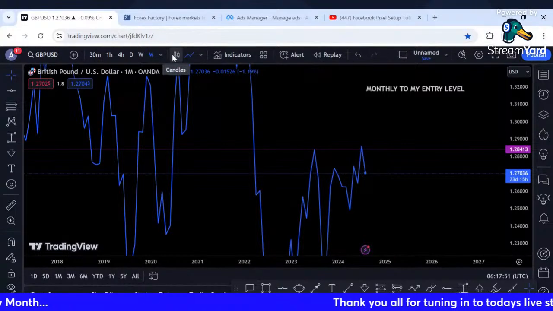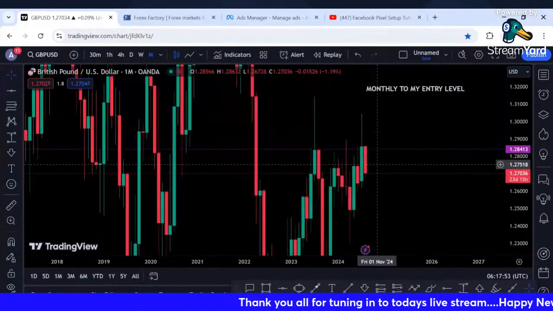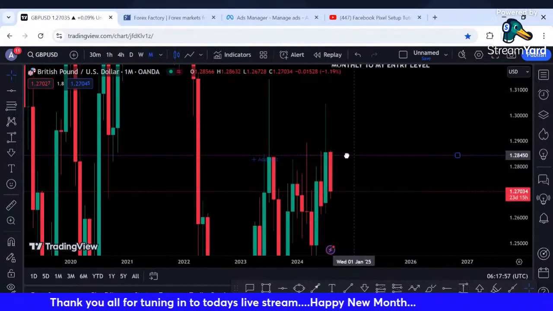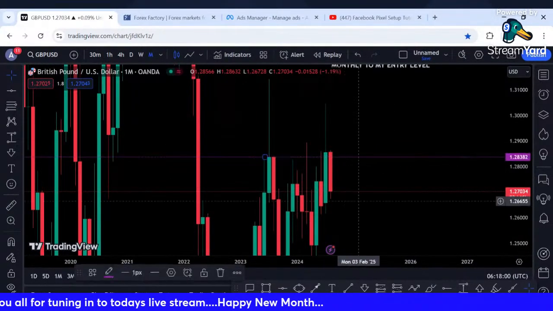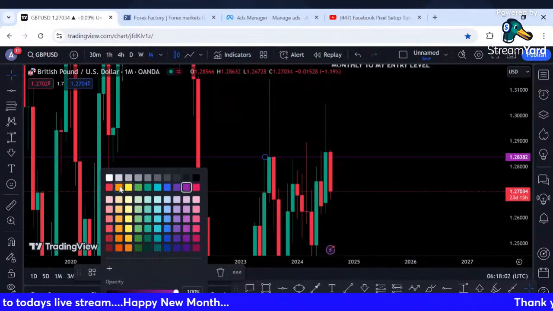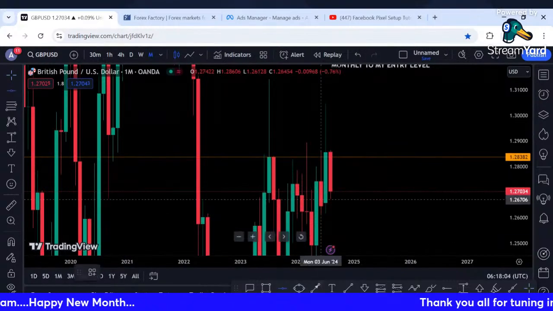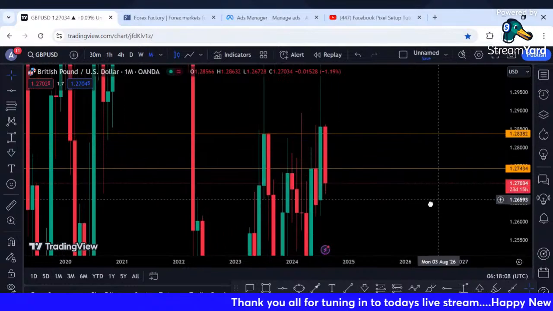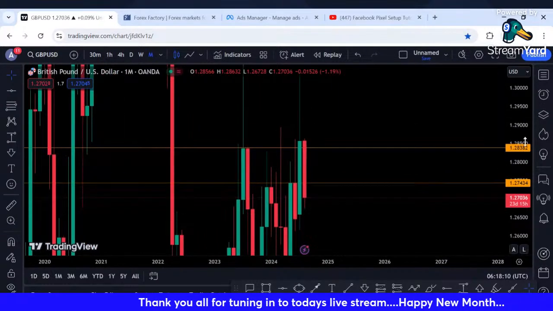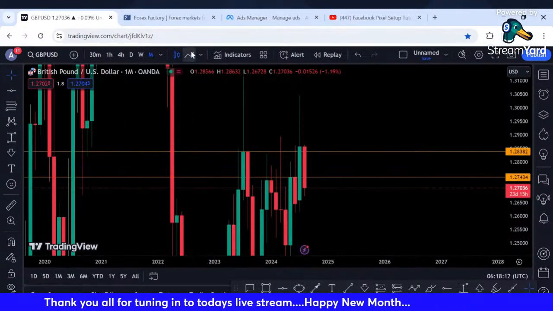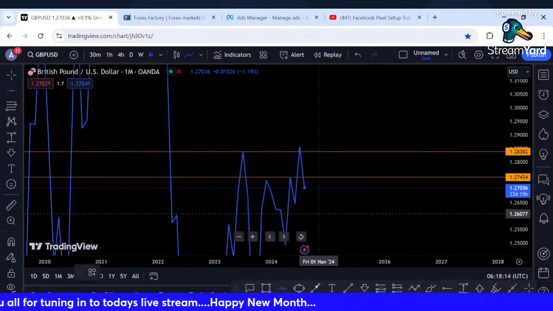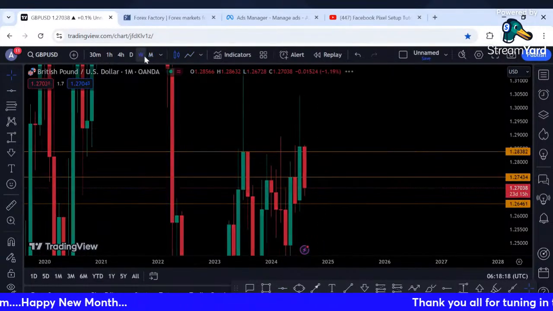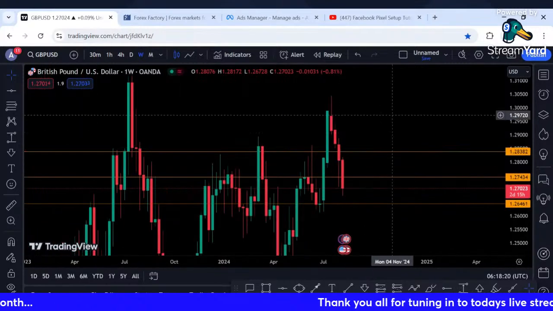I will explain it. After the analysis, let's see whether the market will be moving. So after the analysis, you ask your question again. On the monthly time frame, this is what we have. So let's move to the weekly time frame.